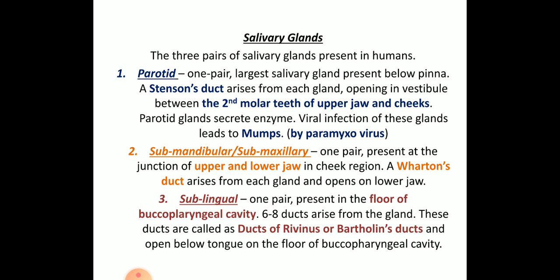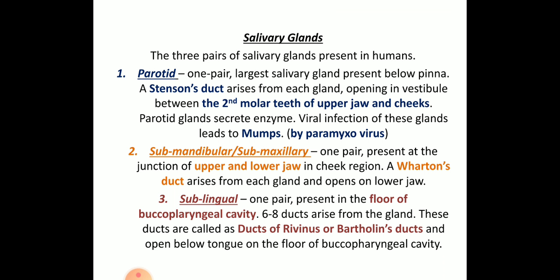There you can find Stenson's duct, which arises from each gland and opens near the second molar teeth of the upper jaw and the cheek. These parotid glands secrete enzyme, and if a viral infection takes place in these parotid glands, that leads to mumps disease. It is caused by paramyxovirus.